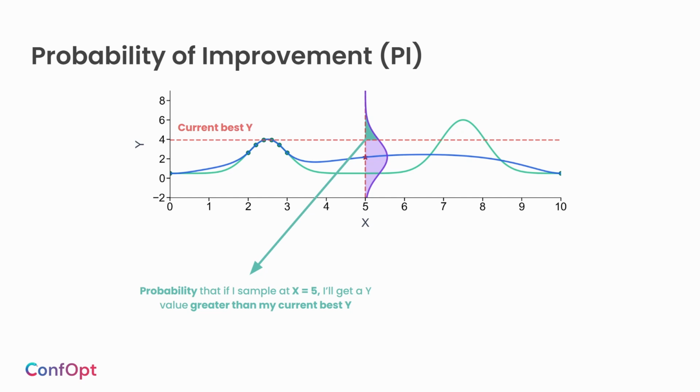And that's a really amazing thing, a really robust thing, because I'm using the actual posterior distribution to get an exact probability of improvement based on my current best y value.